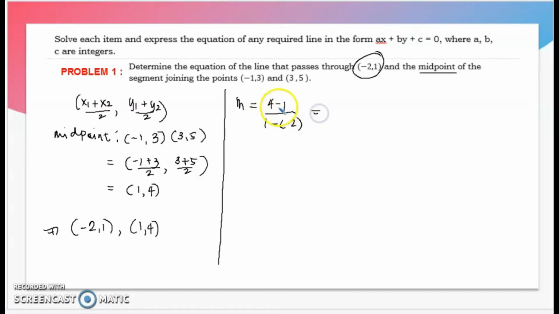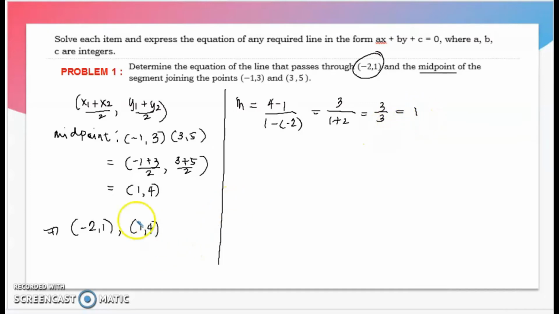So 4 minus 1 is equal to 3. Then 1 minus -2, this one becomes plus. So we have 1 plus 2. So 3 over 3, which is equal to 1. So this is the slope of the unknown line.